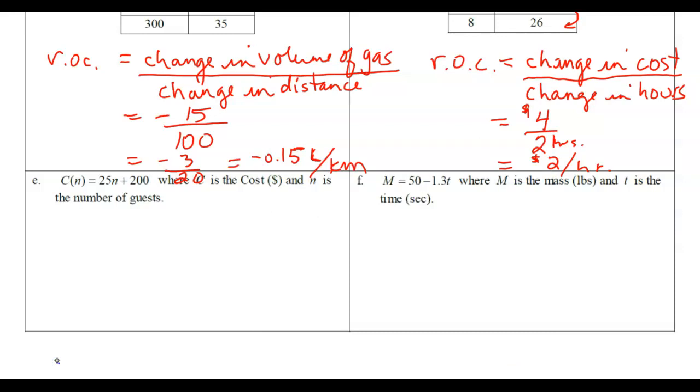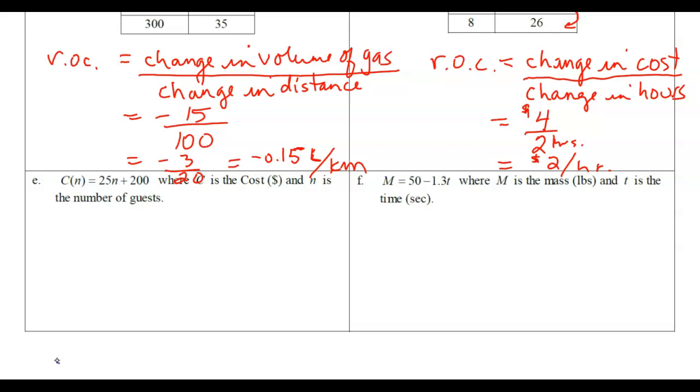So we've done graphs, we've done tables, and now this is an equation. Notice how it's in function notation form. So cost as a function of n, number of guests, is 25n plus 200. We've done some similar like this. So what's the rate of change? Do we even need a chart? Who can tell me what the rate of change is?